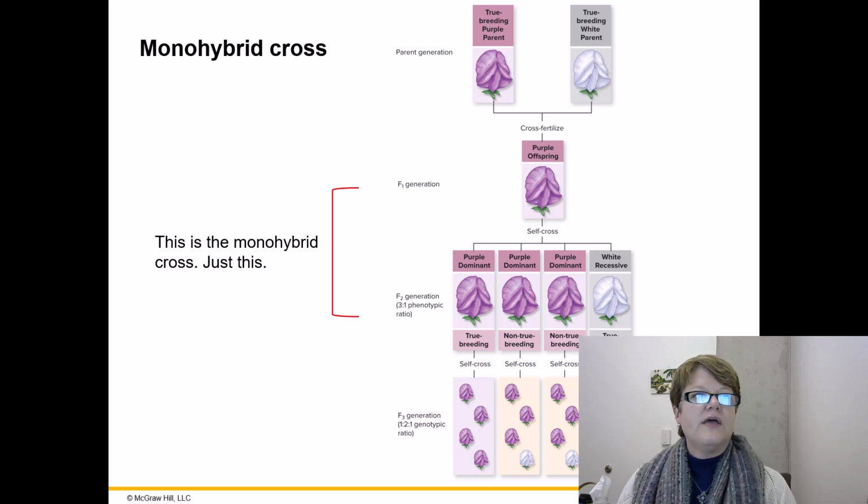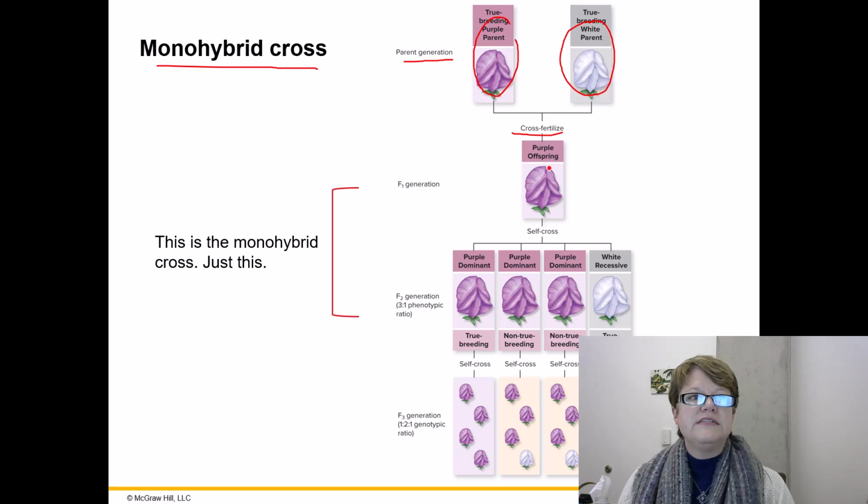So what I've been describing to you is typically called the monohybrid cross. That's one of the first crosses that he did. This is the name of it here. In the monohybrid cross, in the P1 generation, or the parental generation, he would take the true breeding purple flower plant and the true breeding white flower plant and cross-fertilize those.